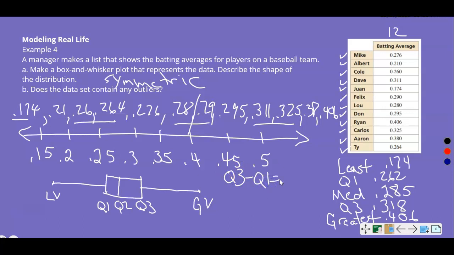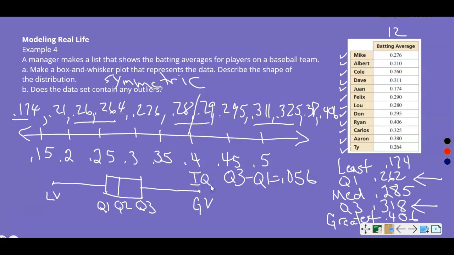So the interquartile range is 0.318, that's right here, minus 0.262, right here. We found that earlier. So that means the interquartile range would be 0.056. All right, so that's our interquartile range.